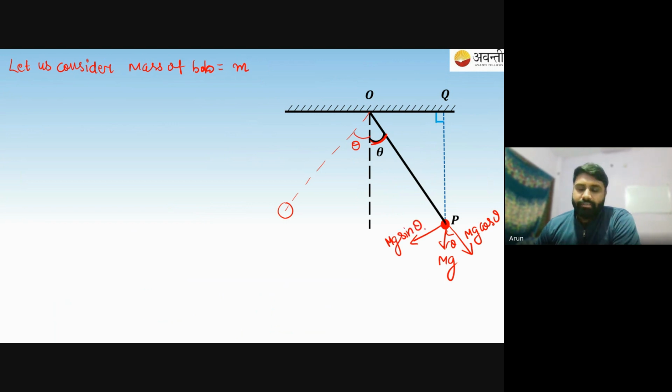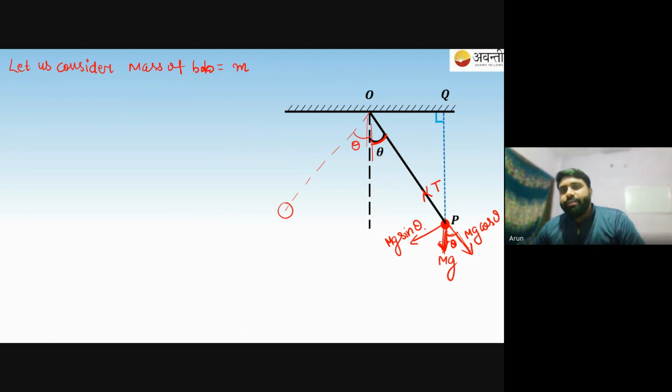This is mg, the line making an angle theta with the vertical. The tension developed in this string will be, let's say, T.